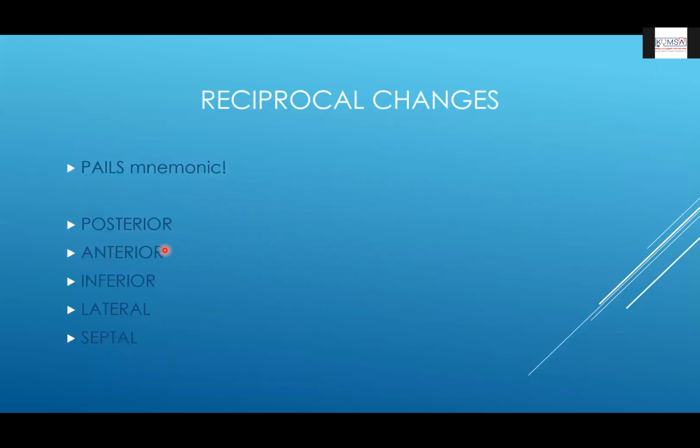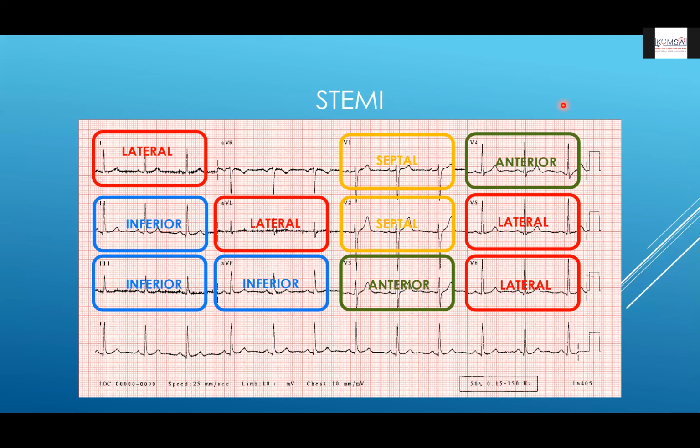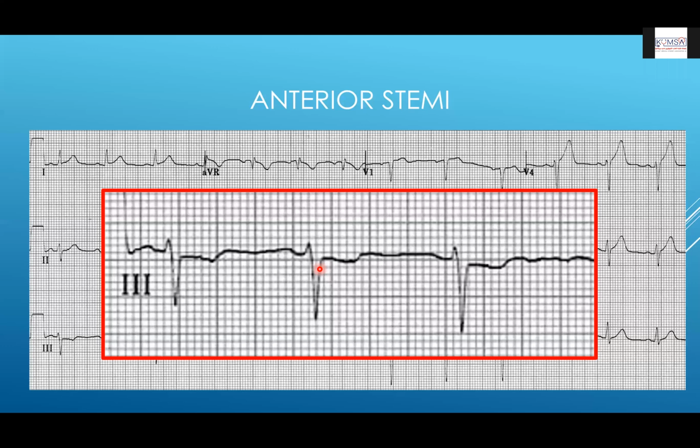It's not always there, but if you see lead 3 here, you see that there may be a slight element of ST depression that's evident. So that further supports your diagnosis that it's an anterior ST elevation MI. Okay, who's next? Yalla.